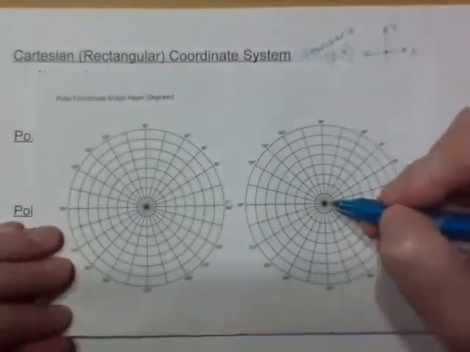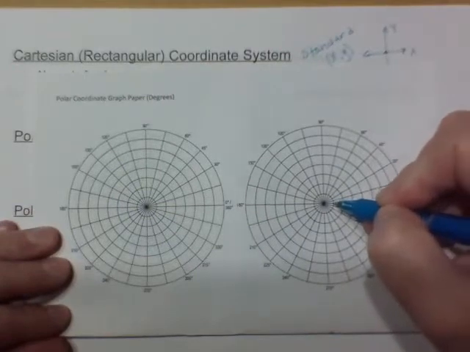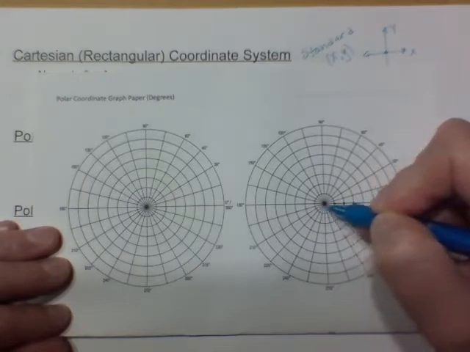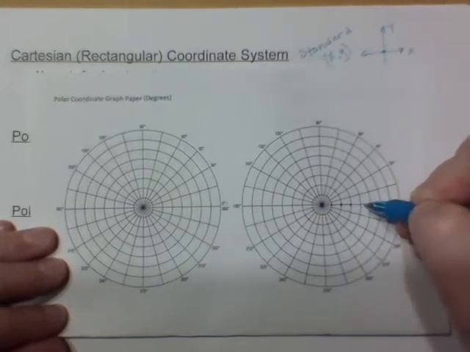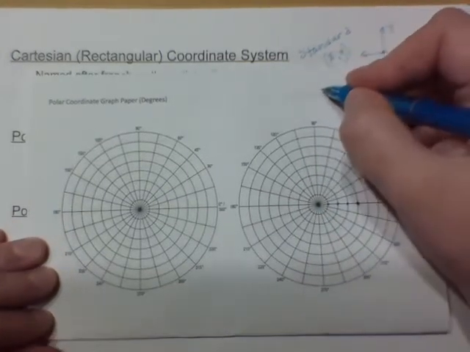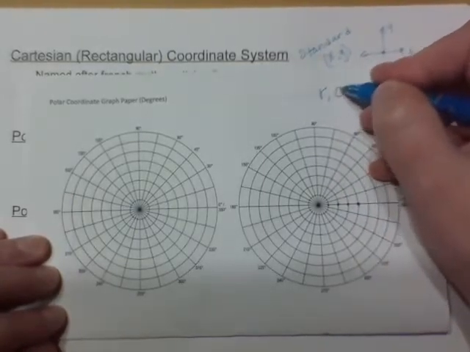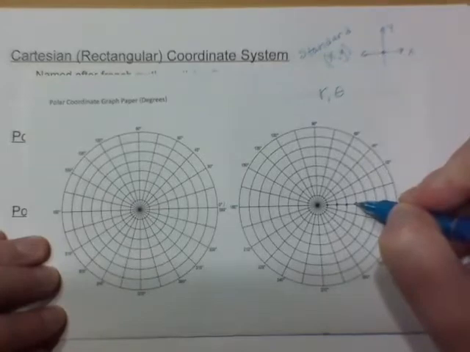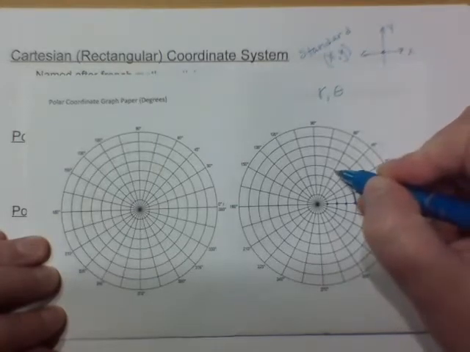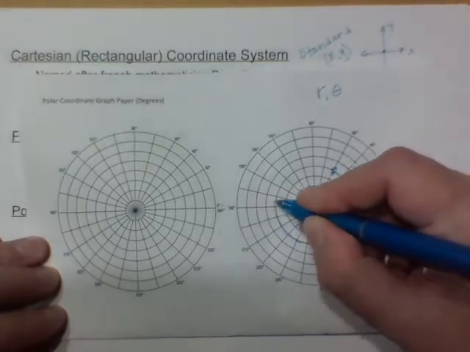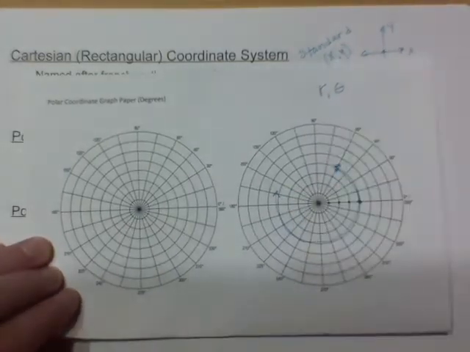You go one circle out, that would be the first radius, second radius, third radius, and then, other than a radius, you're also told what degree to travel. So from that point, you would rotate a certain amount of degrees to here. We'll do a few examples in a bit.